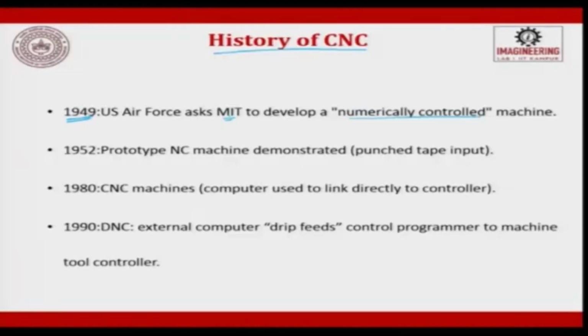So, there they gave a project to MIT to develop numerically controlled machines such that their batch sizes are less and they can be used to produce complex parts. So, they gave this project.